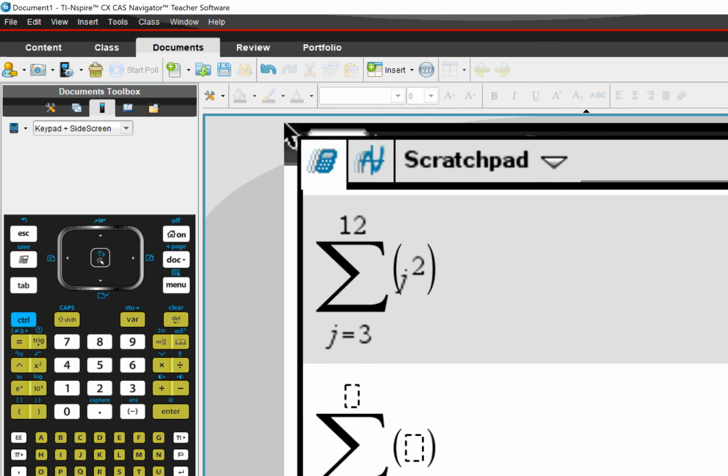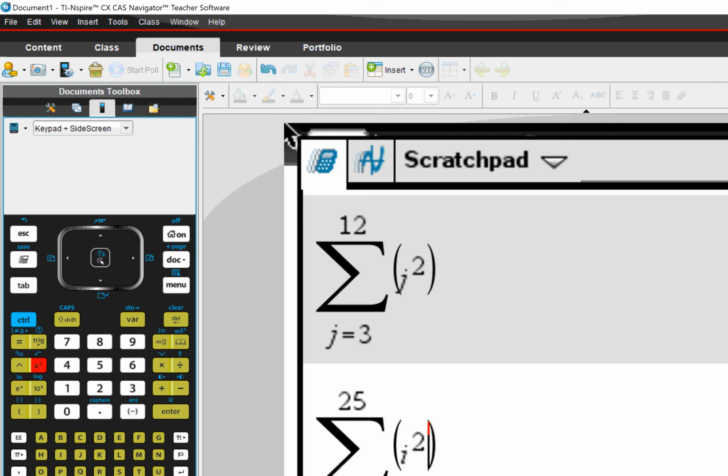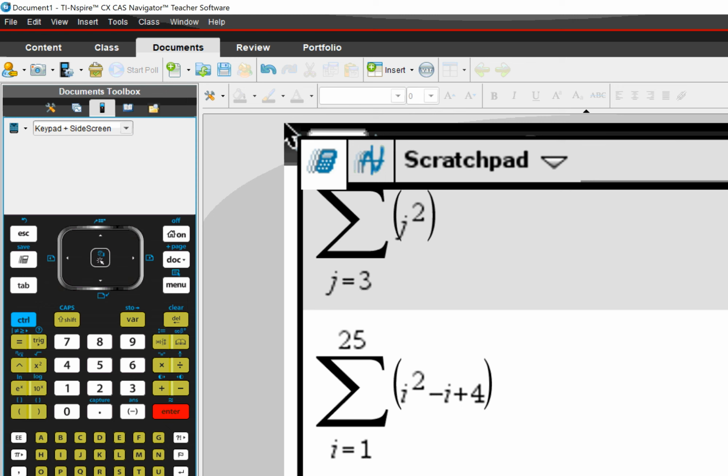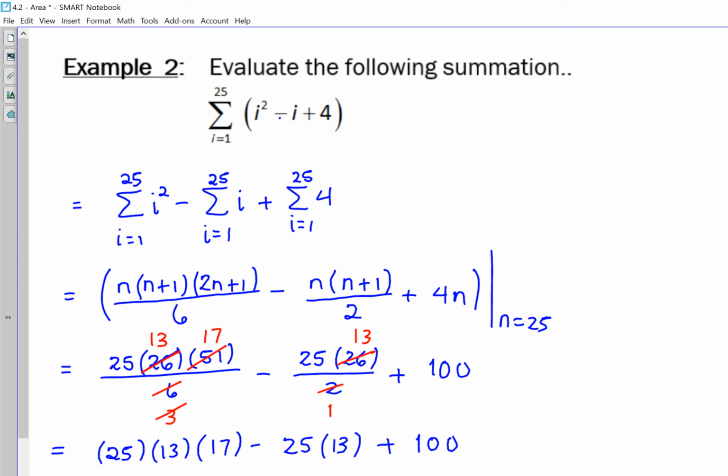And then our expression was i squared minus i plus 4. And lo and behold, we do get that 5,300, although much, much quicker. So as you can see, we were able to potentially bypass any kind of summation feature of a graphing or scientific calculator by relying very heavily on these formulas.